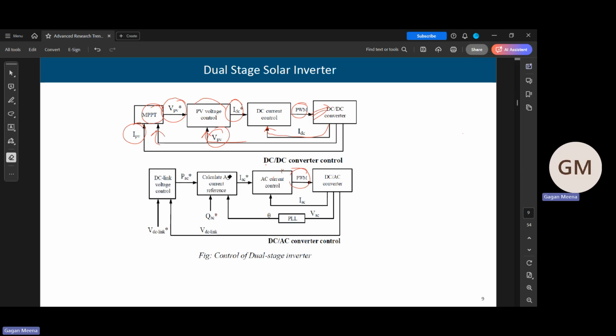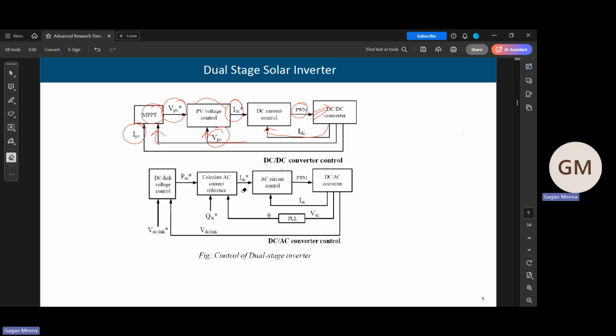This calculates the AC current reference by taking the reactive power reference. And then the AC current control block provides the PWM pulses for the gate drivers of the DC-AC converter, whose output is the AC current and AC voltage.